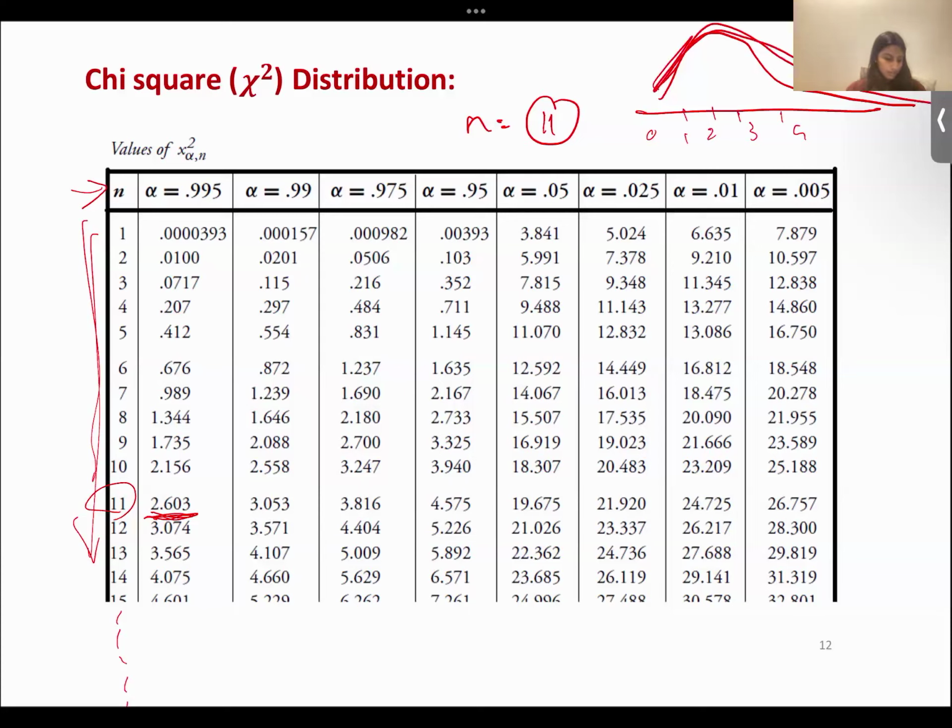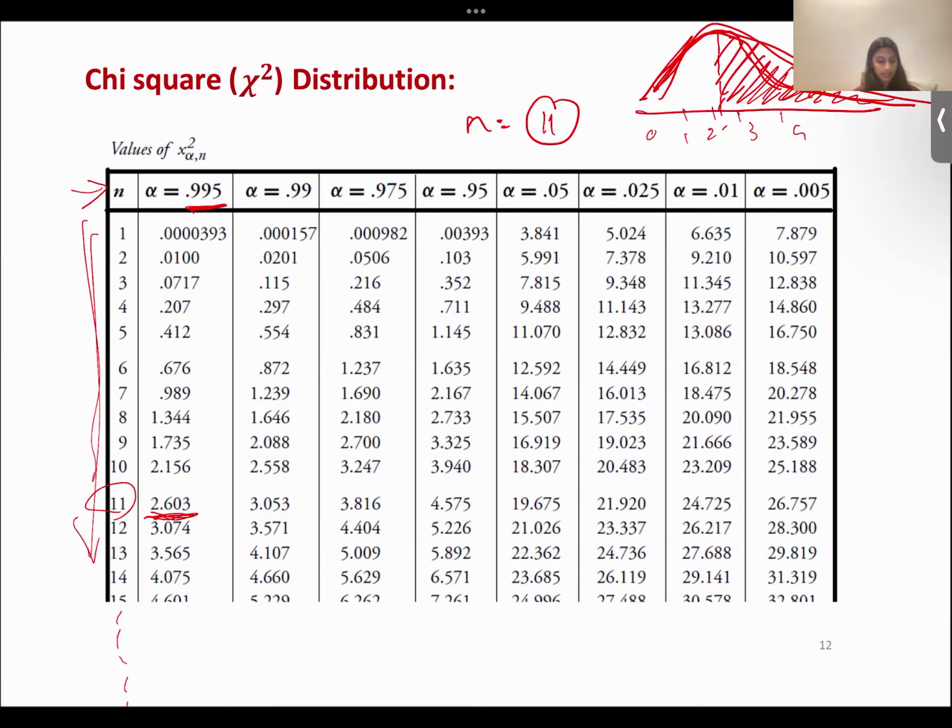This value 2.6 denotes the area beyond this point. You take a specific value, and the area after that value occupies 99.5% of the whole area of the distribution.